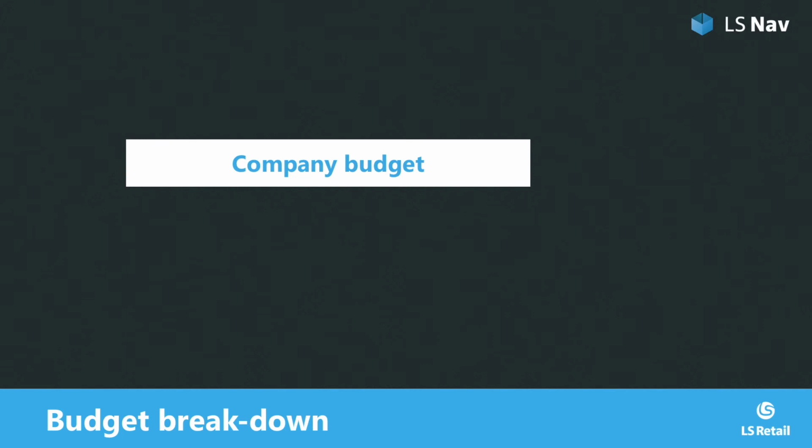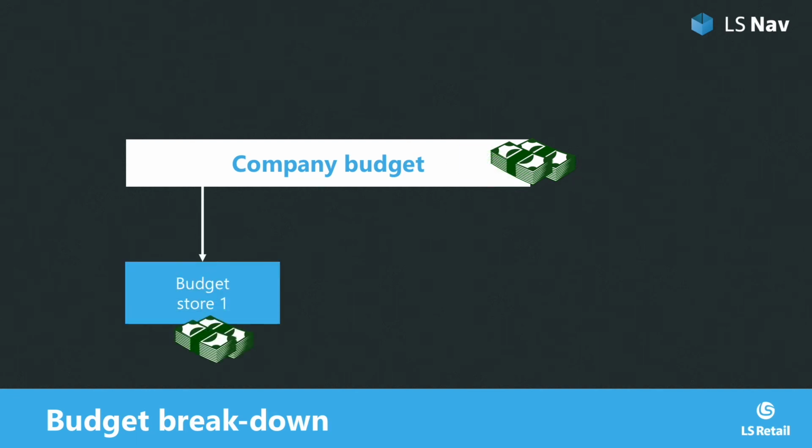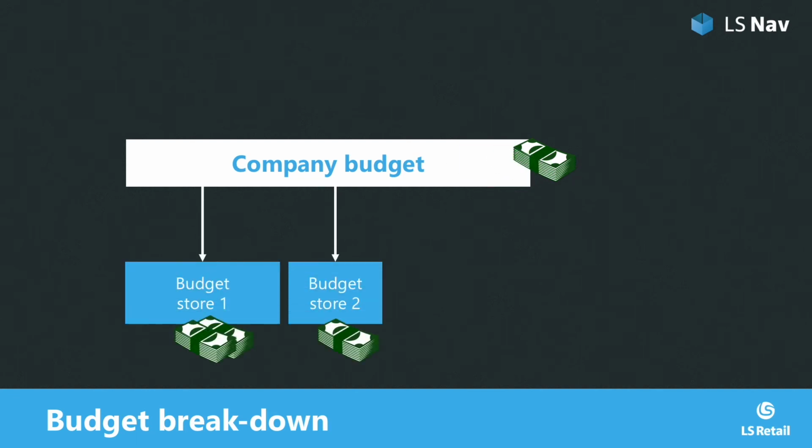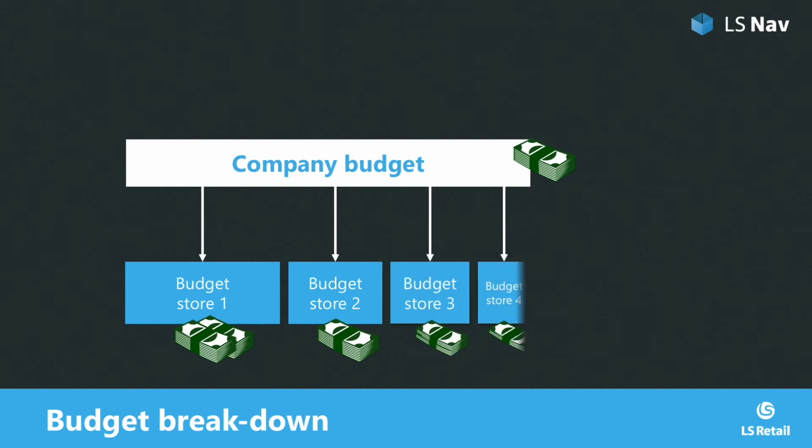A company master budget holds the budgeted values for the entire company. To do operational planning and to integrate with replenishment, we need to break down the budget to more details. Usually, you want to break it down to stores that have different sizes and show different sales performance.